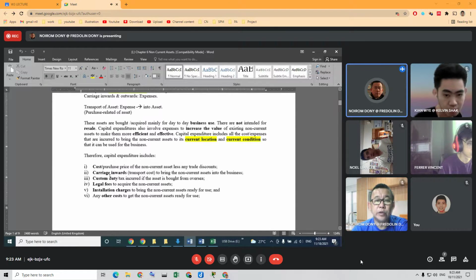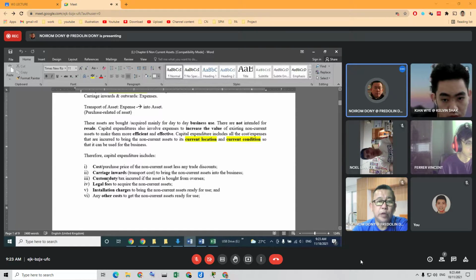The carriage inward, like what I've explained to you, is related to the transportation cost to bring the non-current asset into the business. And let's say the machinery is from overseas, we imported from Japan or Thailand.